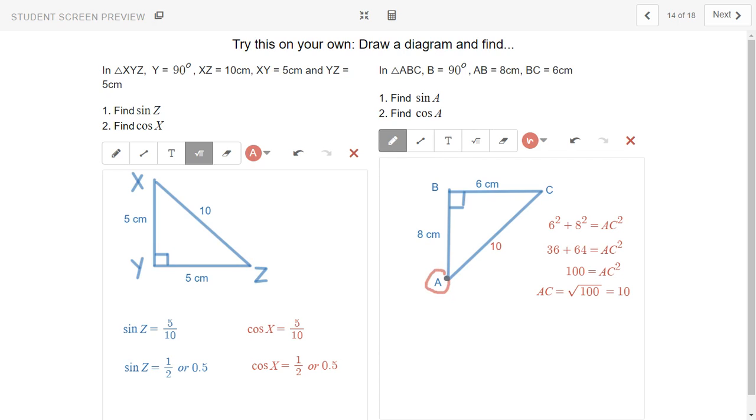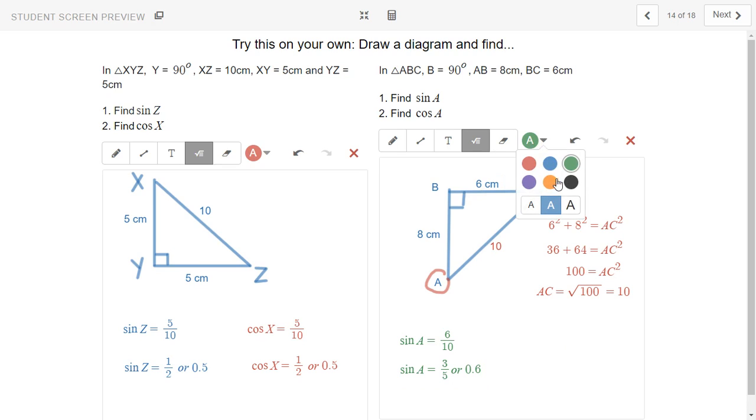Great, now we're able to find our sine and cosine of A. A is our working angle. So we have sine A is equal to the opposite over hypotenuse, 6 over 10. Let's simplify that. So sine A is equal to 3 over 5 or 0.6.